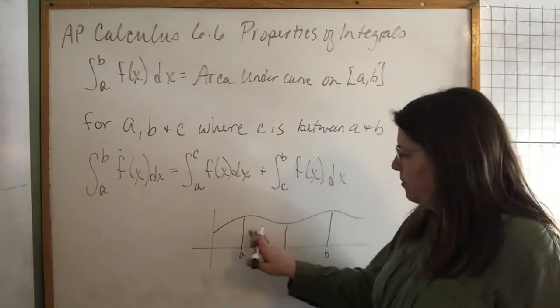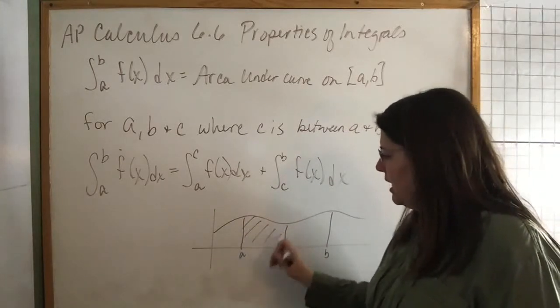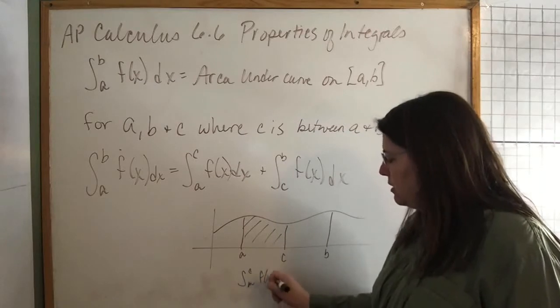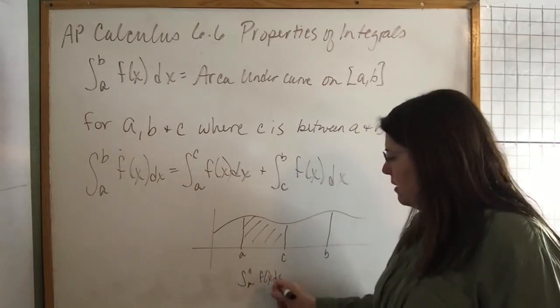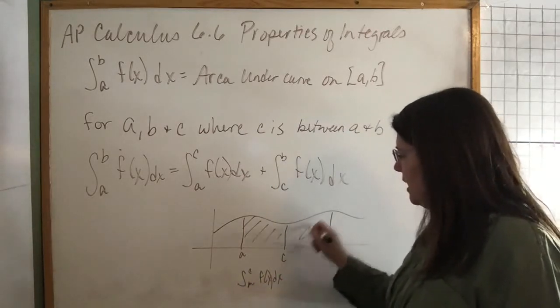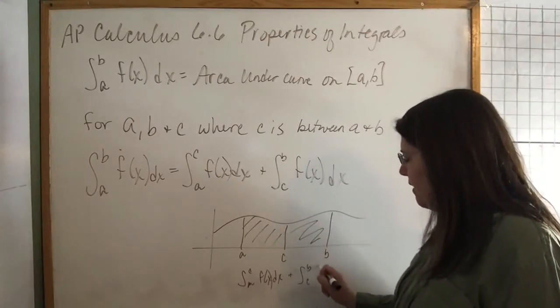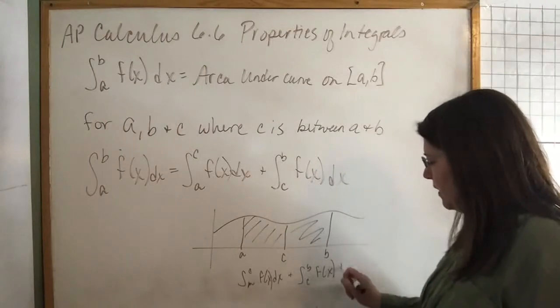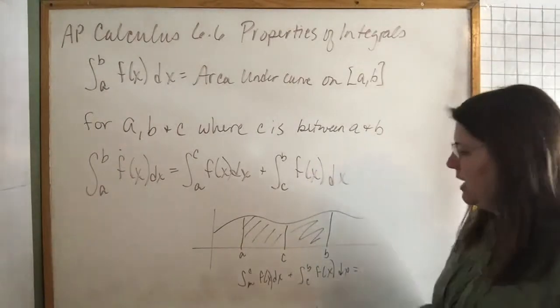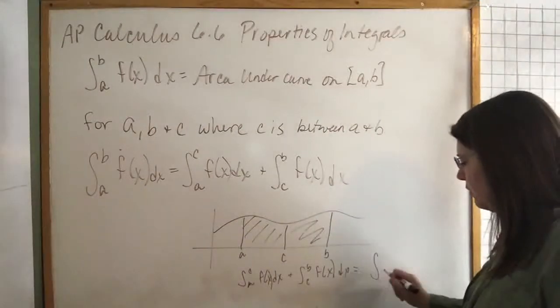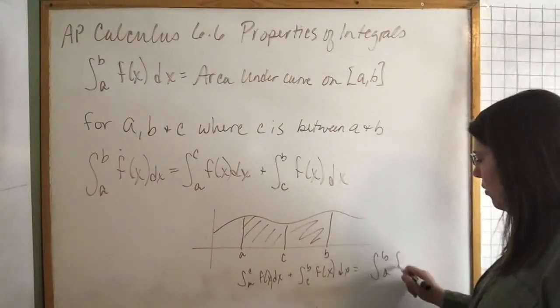Well, this portion, this area right here, would be the integral from a to c of the function. This integral right here would be the integral from c to b of the function. And you just need to understand that if you add this portion and this portion, you're going to end up with the integral from a to b of the whole thing.